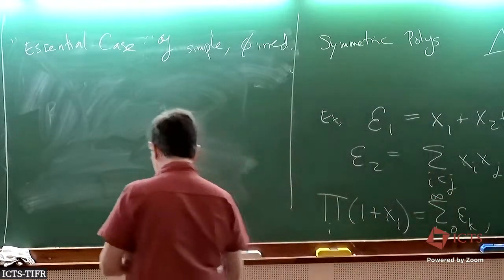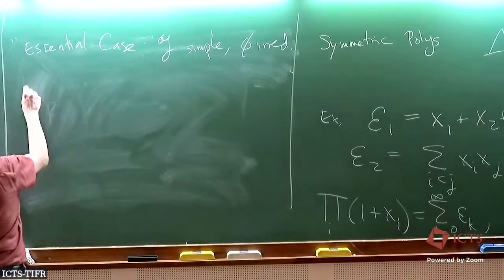But why do I think I can reduce to G simple?